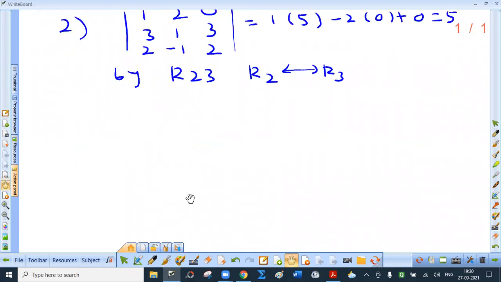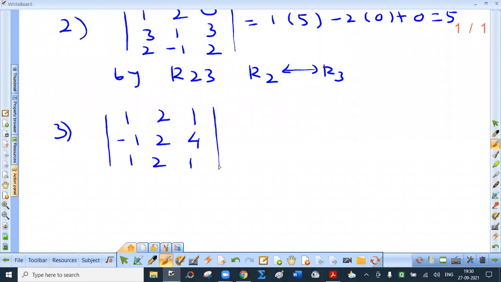Now this is applicable for columns also. The last property, and we'll stop. If any two rows or any two columns of a determinant are identical, the value of the determinant becomes 0. See, 1, 2, 1. Minus 1, 2, 4. 1, 2, 1.